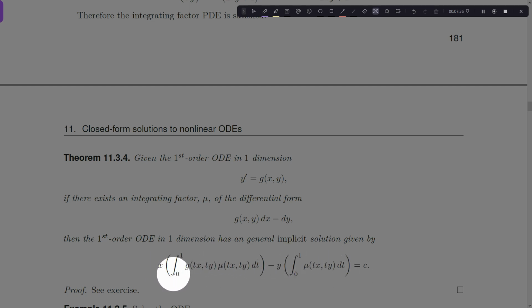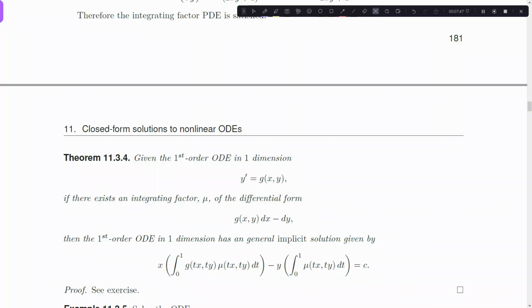By computing x times the integral from 0 to 1 of g of tx, ty, mu of tx, ty, minus y times the integral of mu of tx, ty, and then equals c. So this gives you an implicit solution to the original ODE, y prime equals g of x, y, given some integrating factor mu.